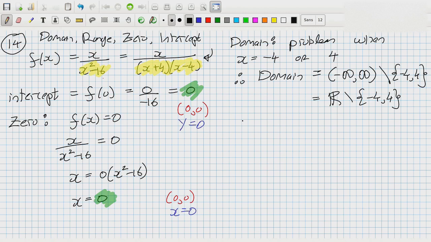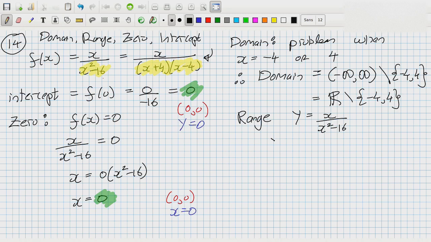Okay, and then lastly is the range. There's different ways to find the range. Personally, I like to do it like this. I start off with y equals x over x squared minus 16. And my technique is you pretend that y is a constant and solve this equation.